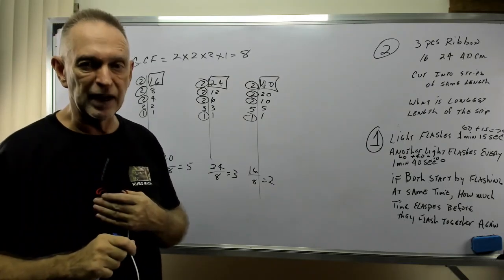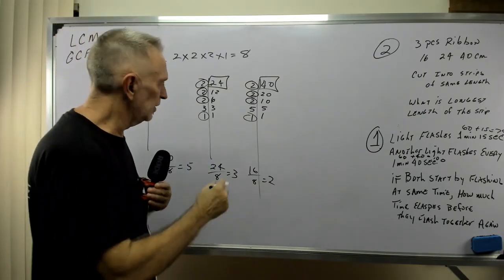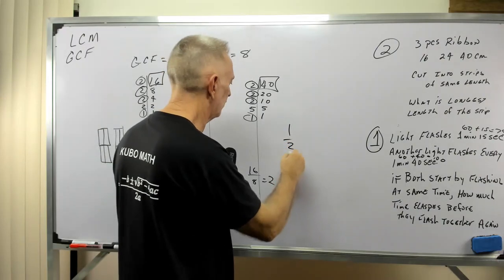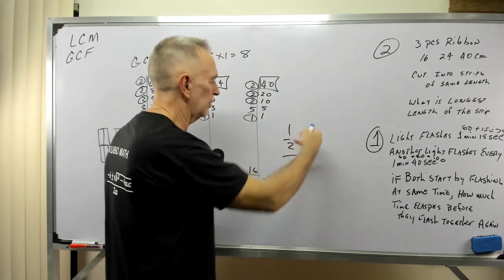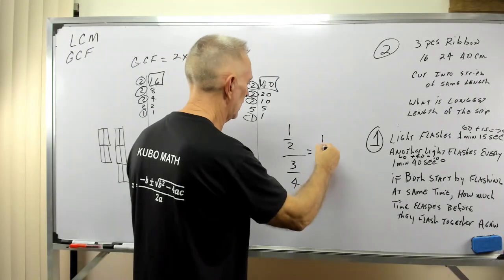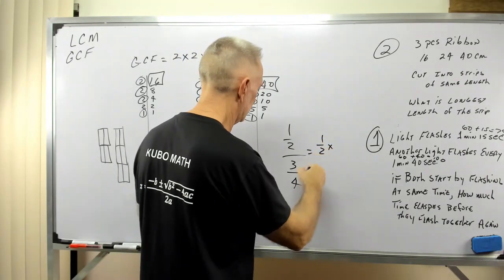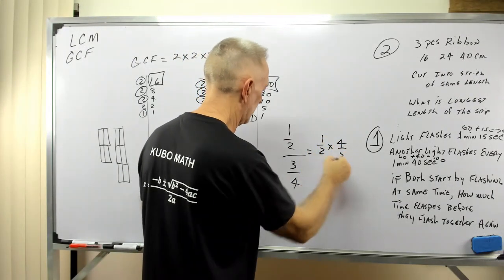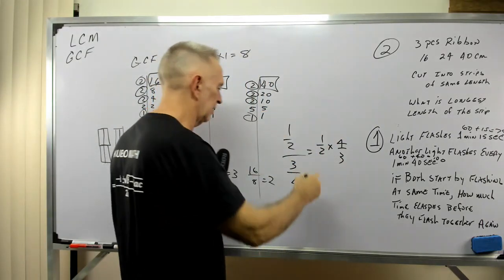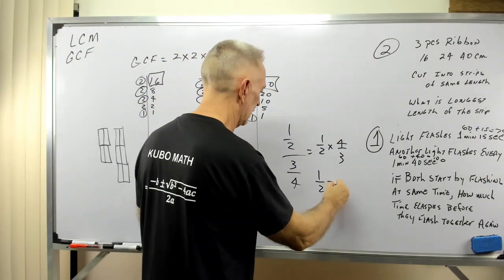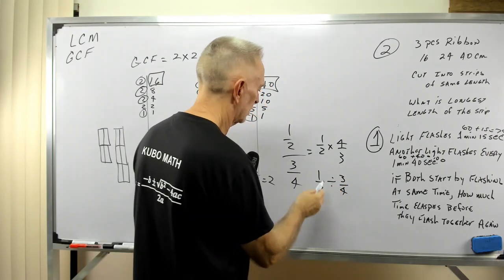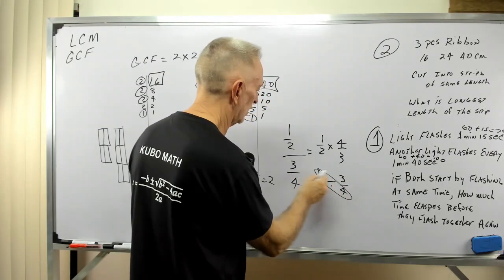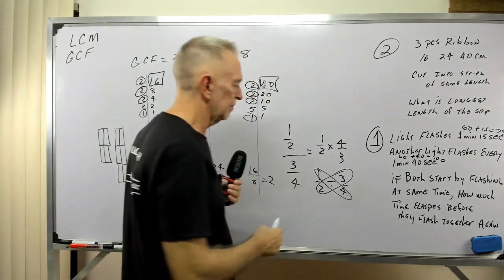Now when you divide, how do you do division? So I have 1/2 divided by 3/4. I invert and multiply. That equals 1/2 times 4/3. I flip that upside down. Now I think you guys are looking at something like this, the butterfly method.